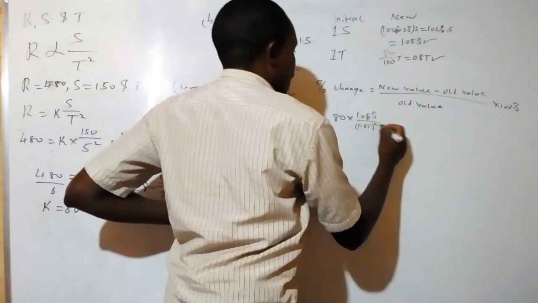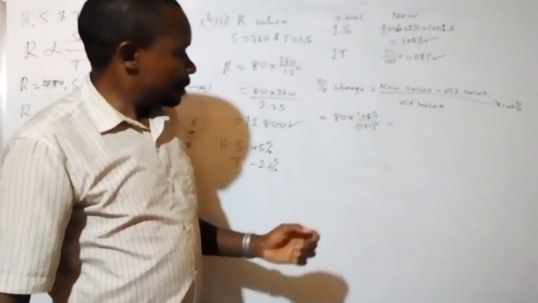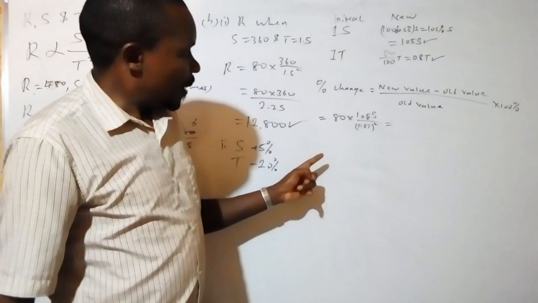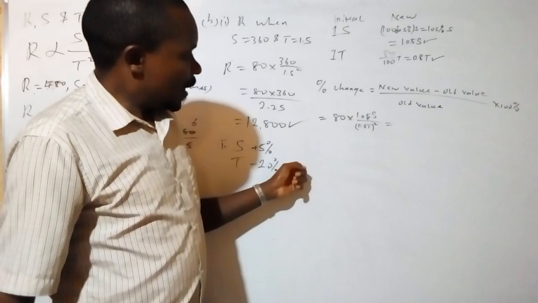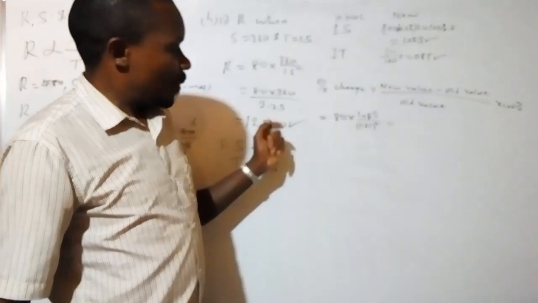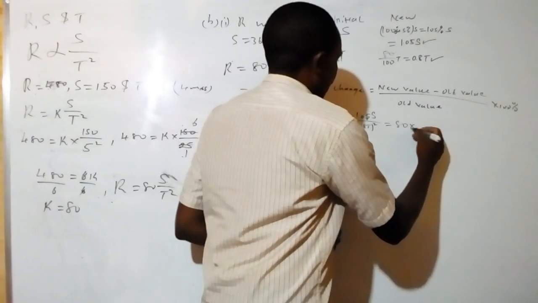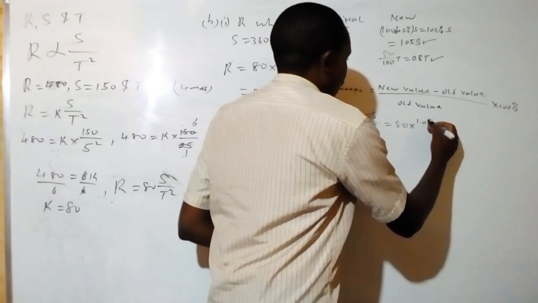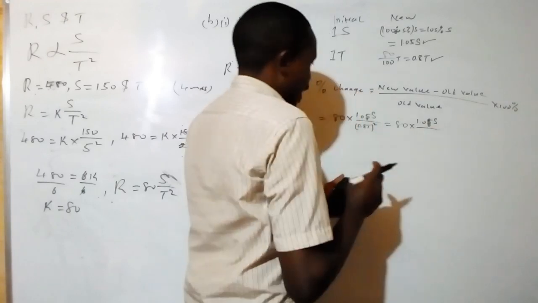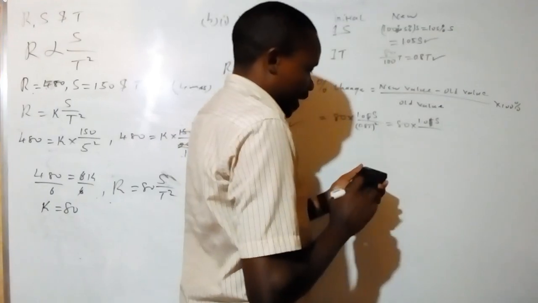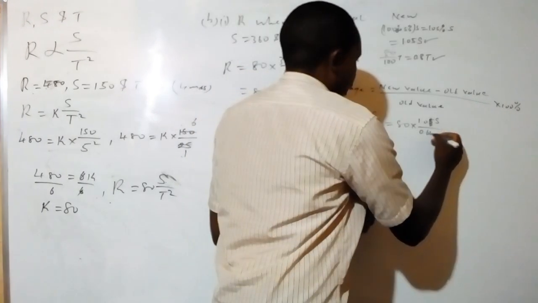We can first of all open the bracket. No harm with opening the bracket, and say that 80 times 1.05 S, correct, all over 0.8 squared. 0.8 squared is 0.64 T squared, correct. That is the new value.